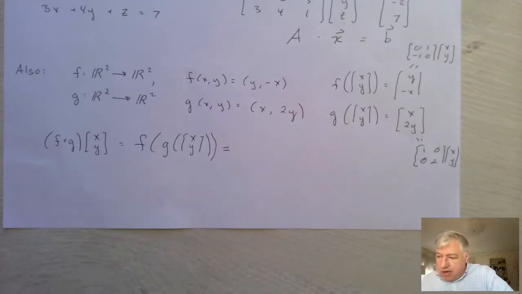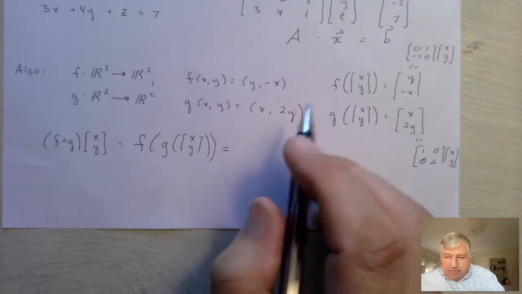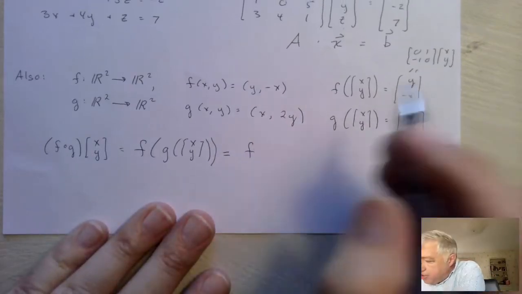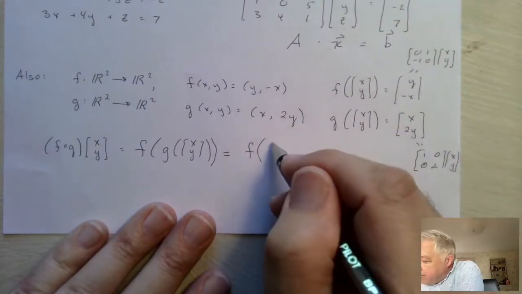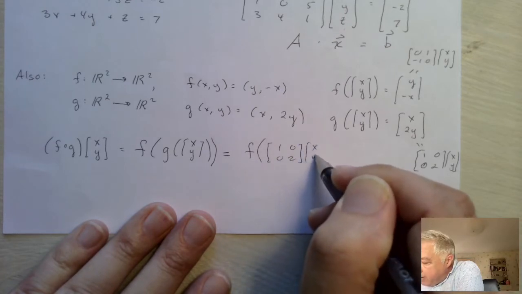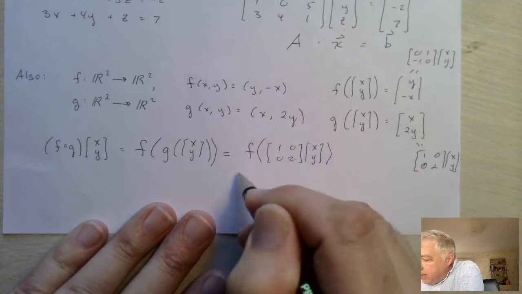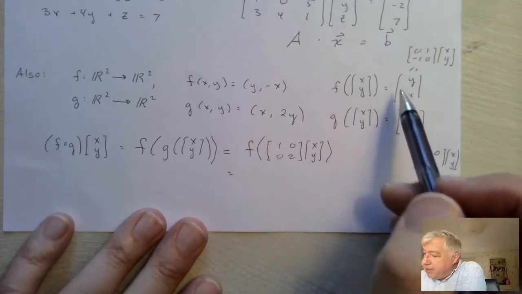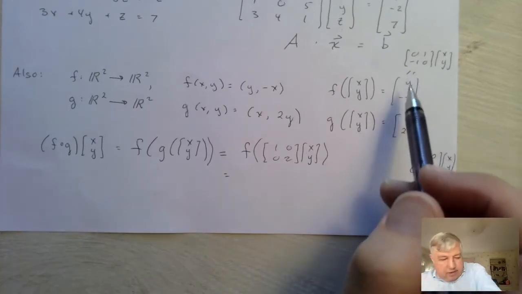So this would be f of g, so this would be f of [1, 0; 0, 2] times (x, y), and f takes whatever it's given and multiplies it by [0, 1; -1, 0].